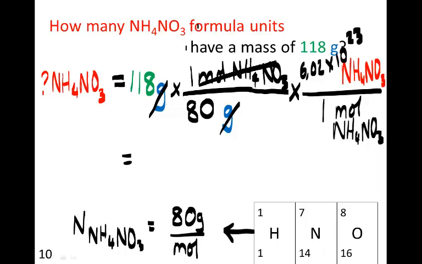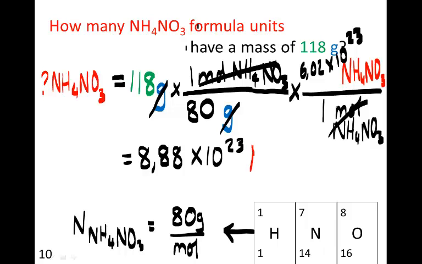So mole ammonium nitrate cancels away and ammonium nitrate is introduced, and I can calculate this. 118 divided by 80 times 6.02 exp 23, and it gives me 8,879, which rounds off to 8,88 times 10 to the power 23 formula units of ammonium nitrate.